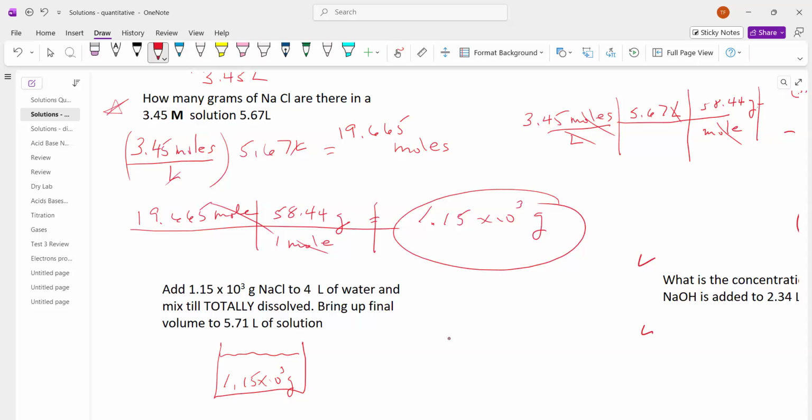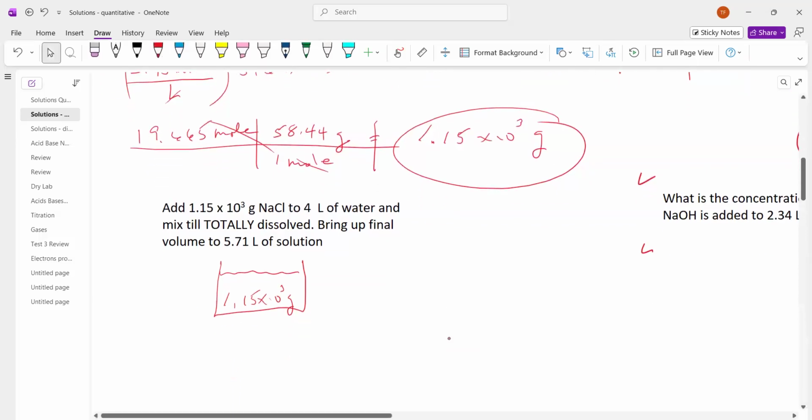Up. So we can't put all the water in right away. We've got to get the salt dissolved first. Once it's dissolved, then we bring it up to the final volume. Because remember, the volume is solute plus solvent for the total volume, not just the water. It includes the solute. So these are the directions.